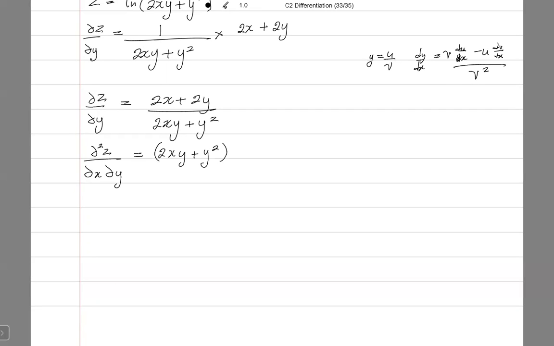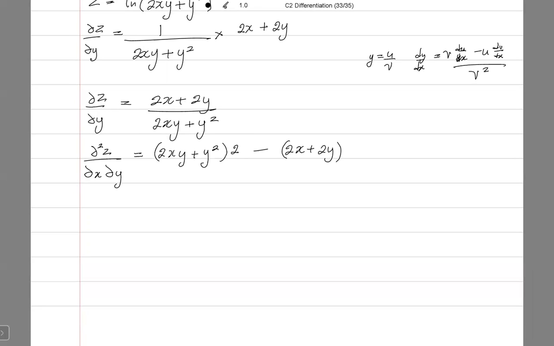That means I'm treating y as a constant, so I'm going to get 2, minus u, which is 2x plus 2y, and I'm going to have to multiply by the partial differential of v with respect to x.